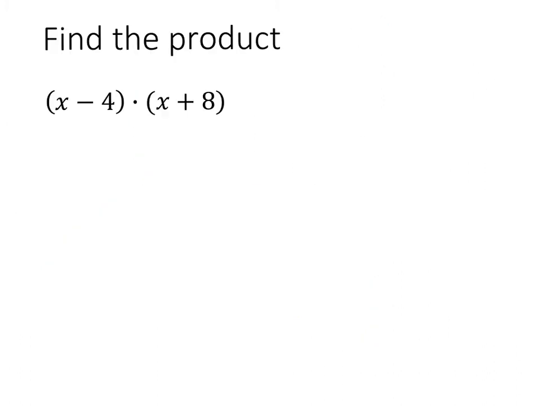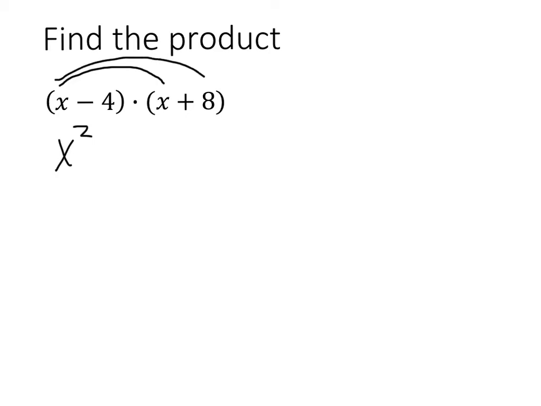So first we're going to start someplace familiar. We're going to multiply a couple binomials. You probably recall the process here, but let's see. We're going to take each term in the first binomial and multiply it with each term in the second binomial.